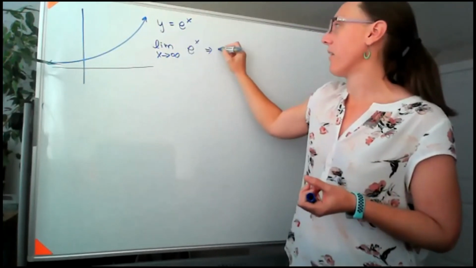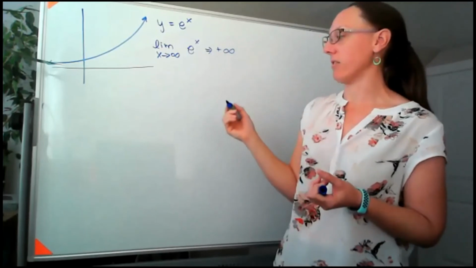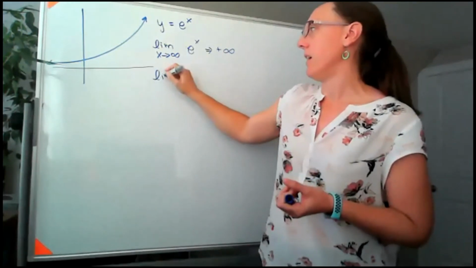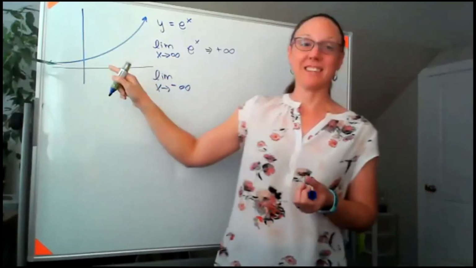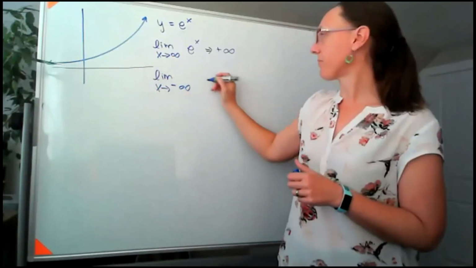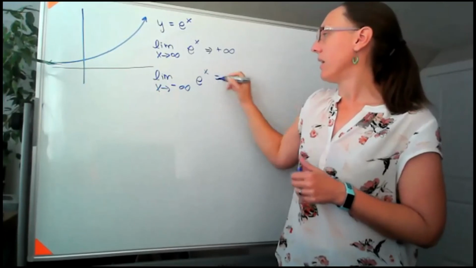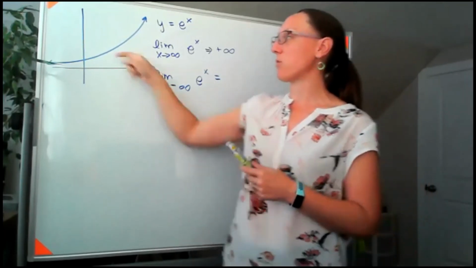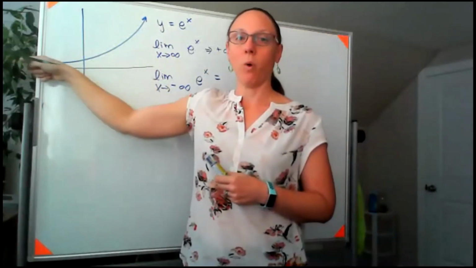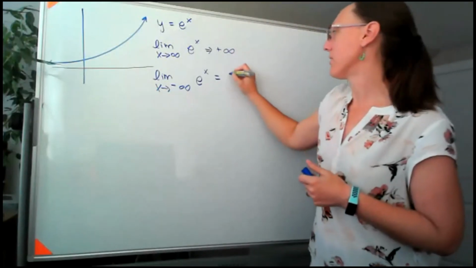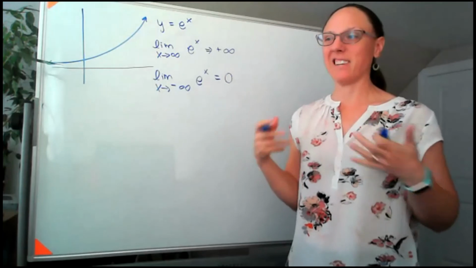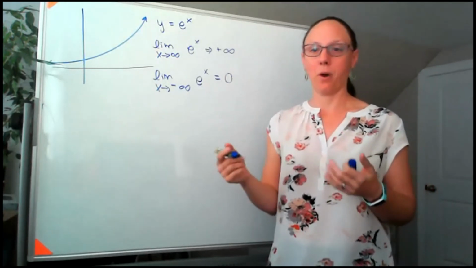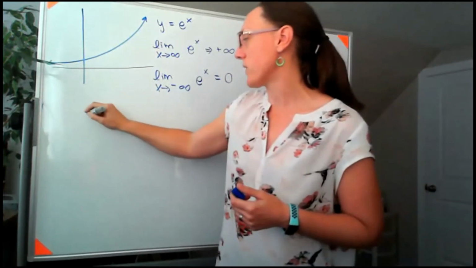And that y value is approaching positive infinity. If I look at the limit as x approaches negative infinity for this same graph, as x approaches negative infinity, my y values are leveling off to 0. And both of these limits have a tendency to show up in our improper integrals.